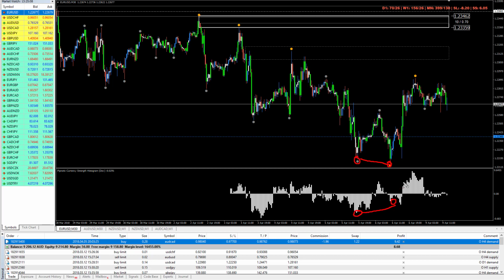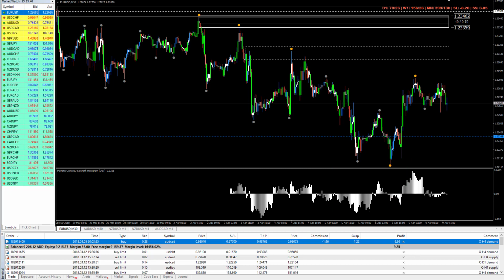So this is telling us that this is an artificial push lower in price, because the strength of the indicator is not supporting that this currency pair should continue to move lower. This is a clue that this is exactly what's going on. So when you see divergence like that at an area where we can expect price to turn around, it's just price looking for stops to push price in the opposite direction.